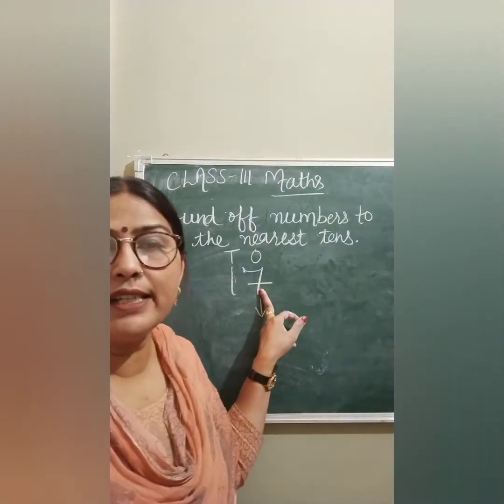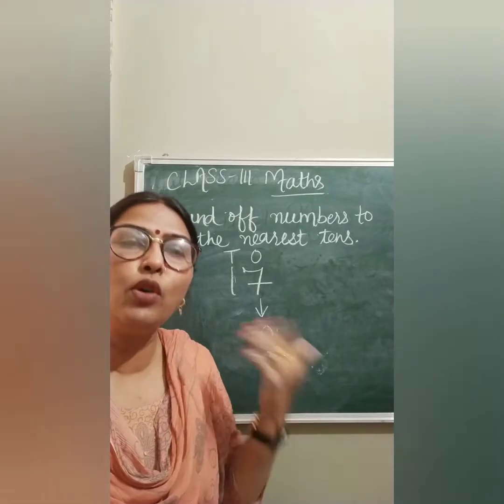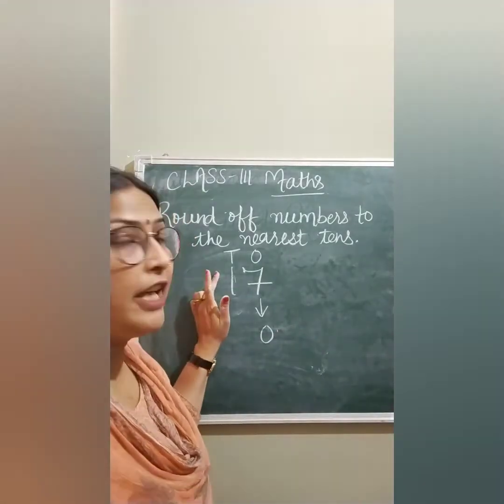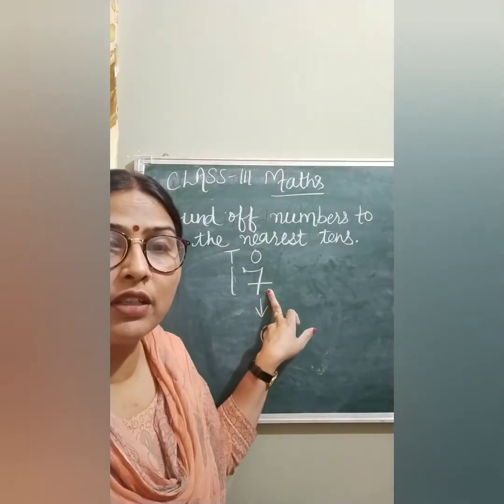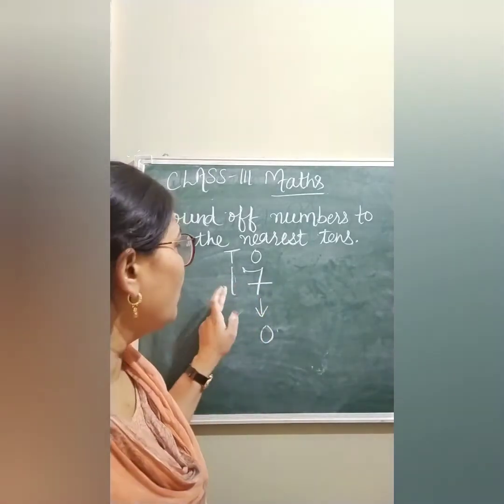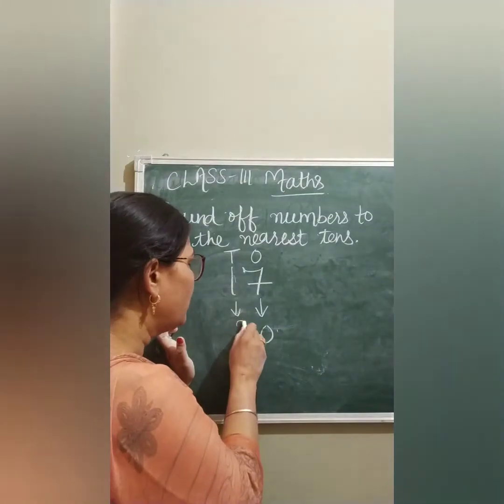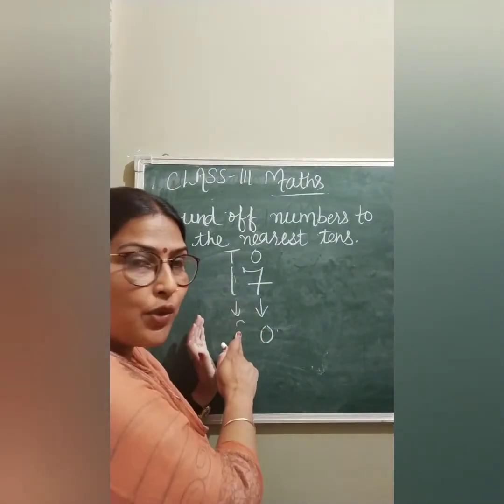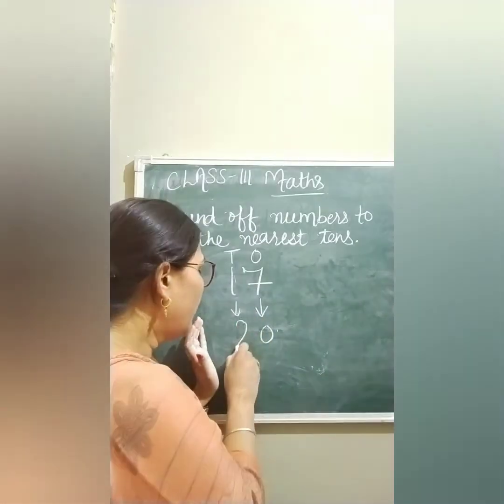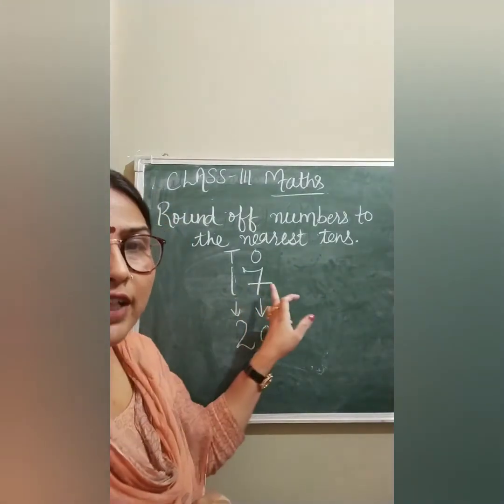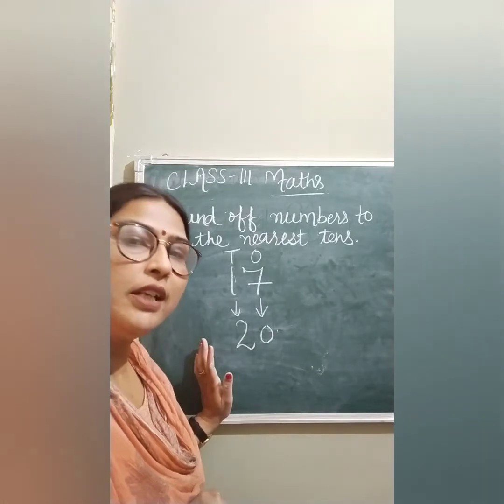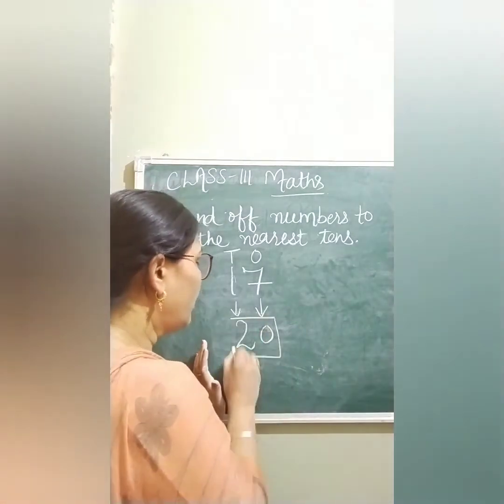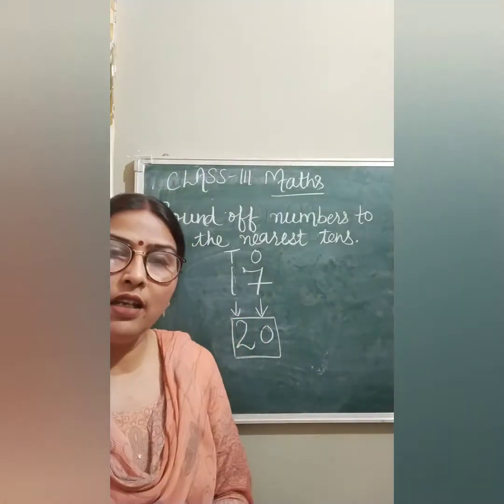If ones place digit is 5 or more than 5, then the tens place digit will become next. Here we see it is 7. It is more than 5. So the tens place digit will become next. This 1 was there, it will become 2. Ones place digit is more than 5, so the tens place digit will become next. Yes. So we got 20 as the answer.